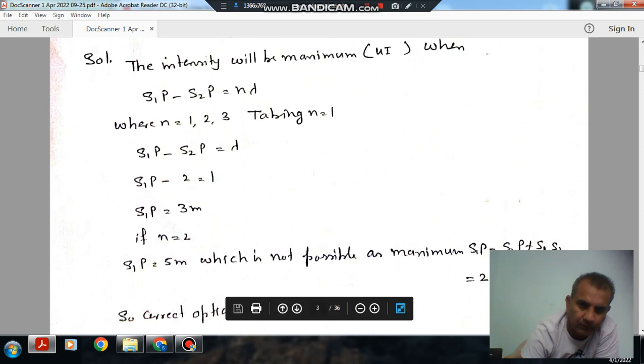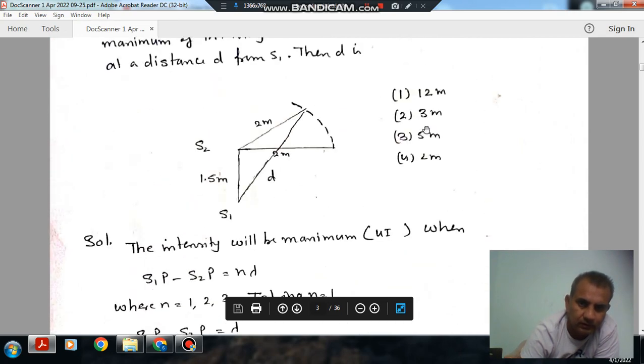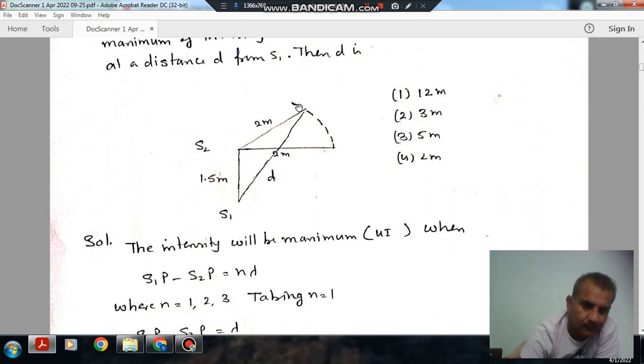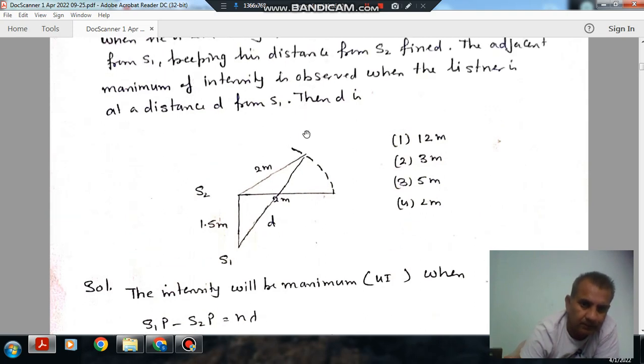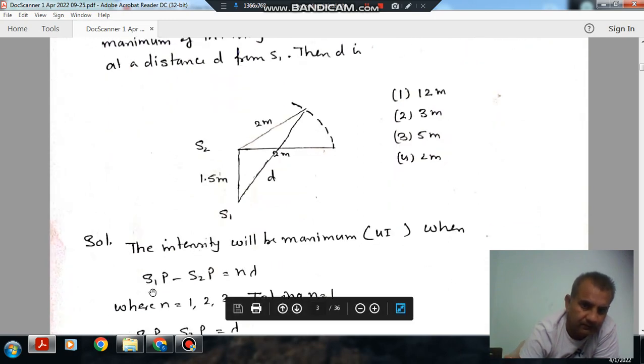So that will be 4.5, and this 5 meter is not possible. So the answer is 3 meter, and the correct option is 3 meter. Here the minimum is observed at the first point, and the maximum intensity will be observed according to this.